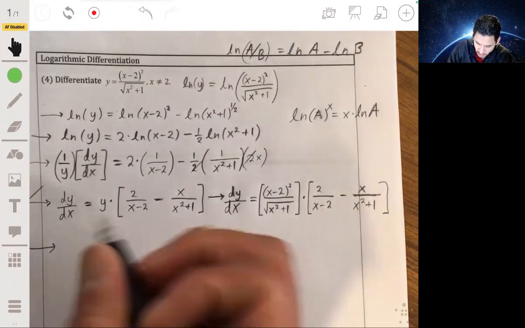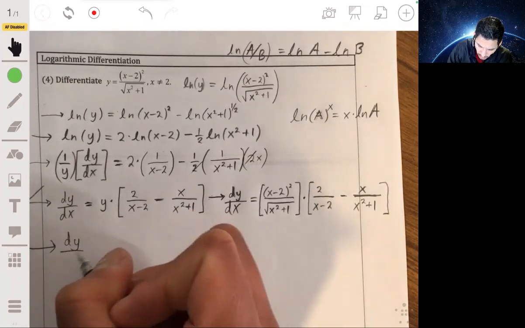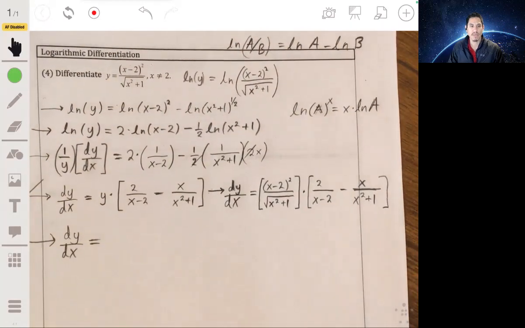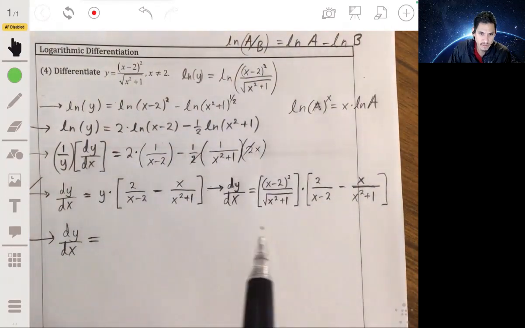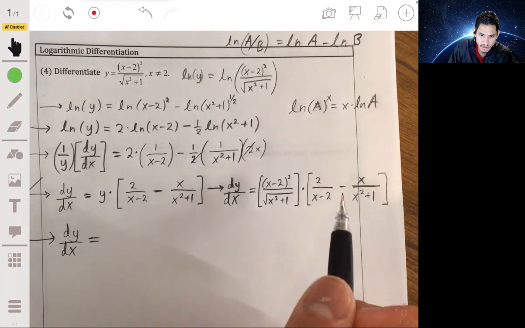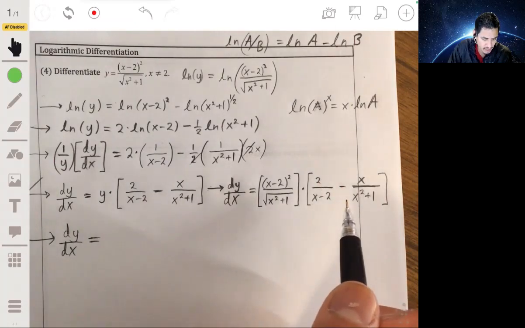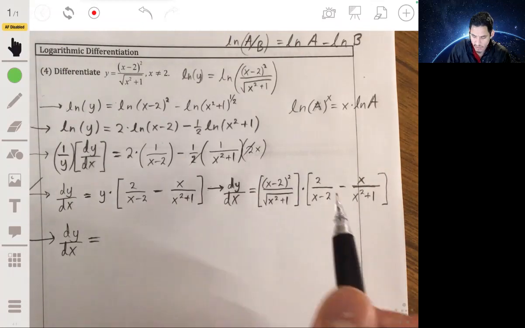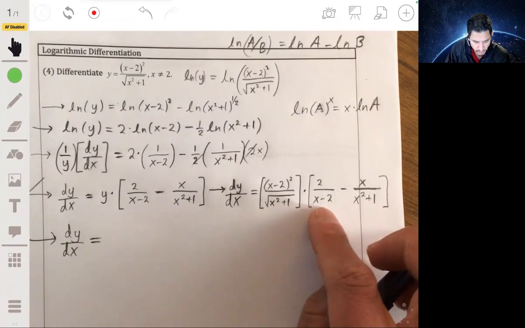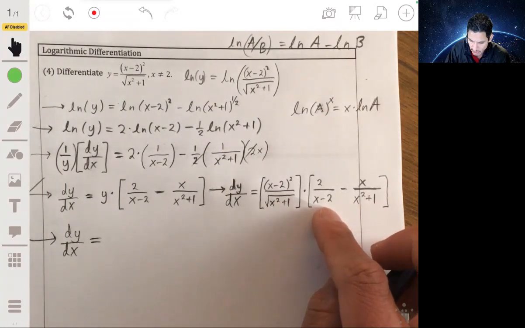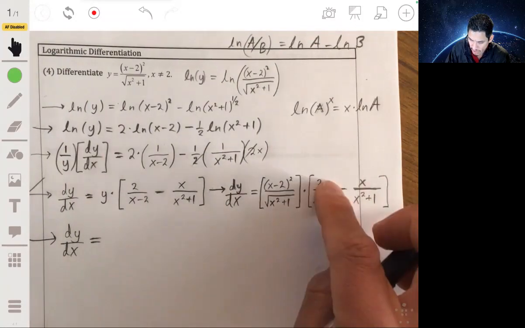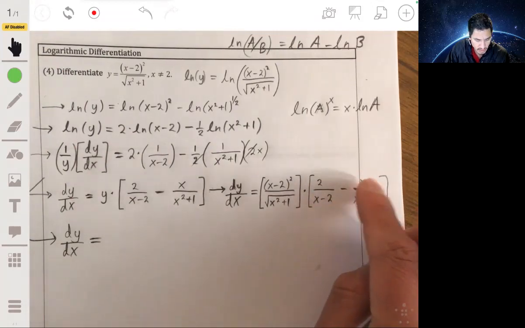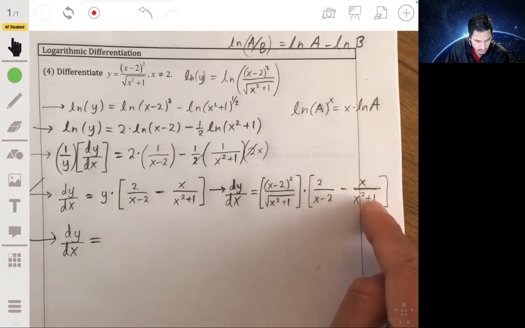All right, now it's pretty much a lot of algebra and making sure that you are confident in your pre-cal or algebra 2 skills. So what we can do is combine all of these terms by using common denominators, and then basically just simplifying this as far as we can. But pretty much it's just algebra now. So we can multiply this by x squared plus 1 over x squared plus 1, and then this one by x minus 2 over x minus 2.